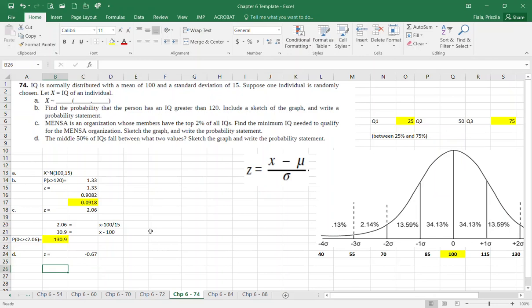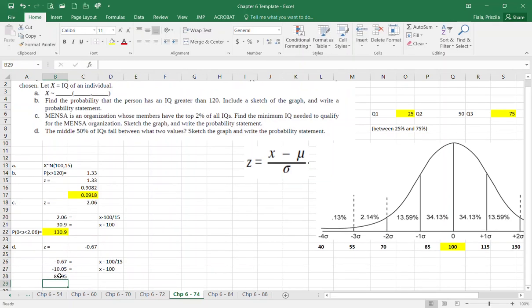So let's be doing x, which is gonna be minus right here z 0.67, which is equals to x minus 100 divided by 15, and then we're gonna multiply this value by 15, multiply both sides, x minus 100, and then we're gonna have minus equals this value plus 100.